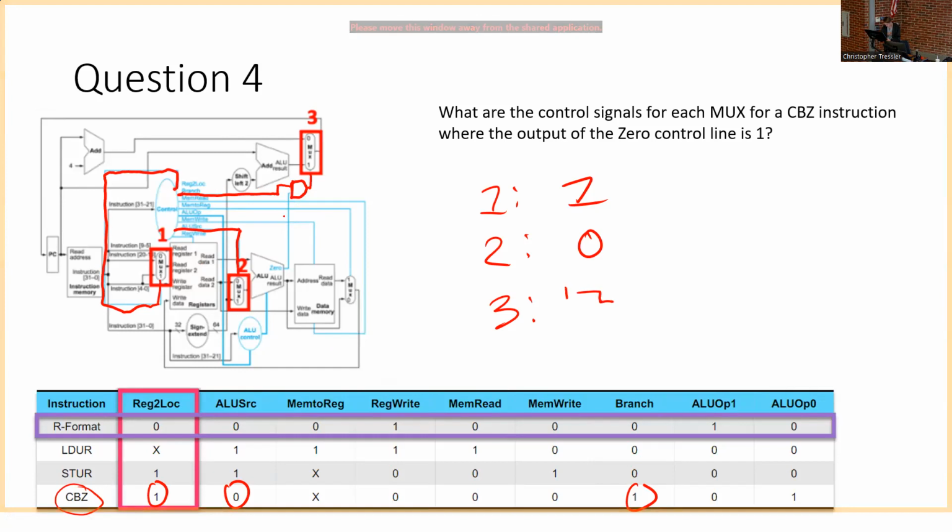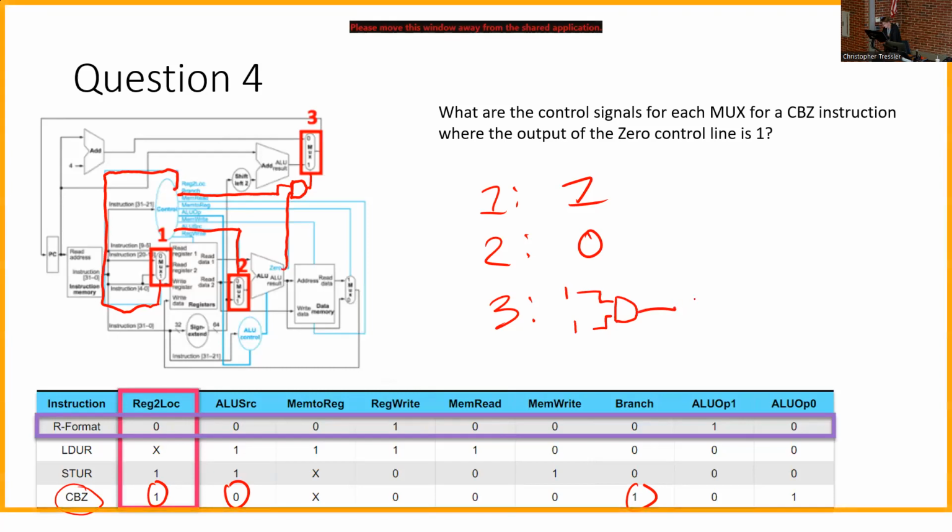And the question says the zero control line is also 1. So we have 1 and 1 going into this AND gate, which means what comes out of the AND gate into this mux is going to be another 1. So basically 1, 0, 1 is the final answer for this. Hopefully that also makes sense.